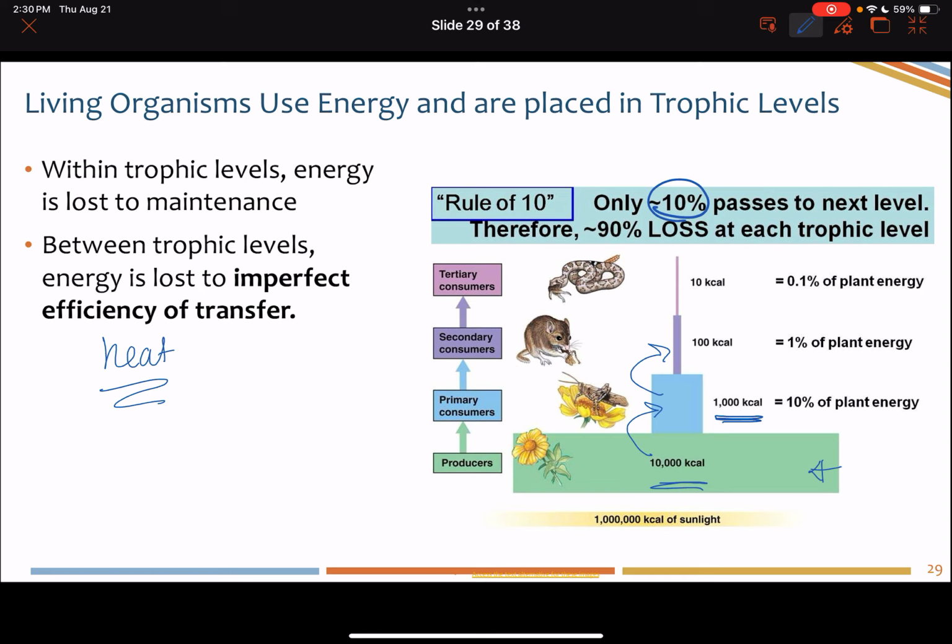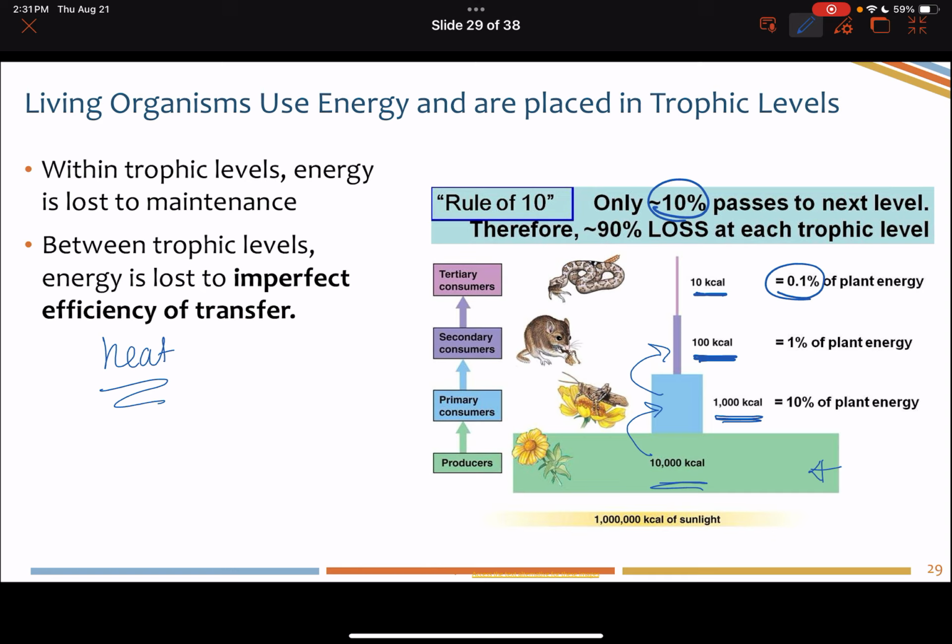And then only 10% of that 1,000 is available for the next level, and so on. So of the 10,000 kilocalories that plants fix into usable energy, only 10 kilocalories makes its way all the way up to that snake, or only 0.1% of the total energy fixed by that plant is brought up.